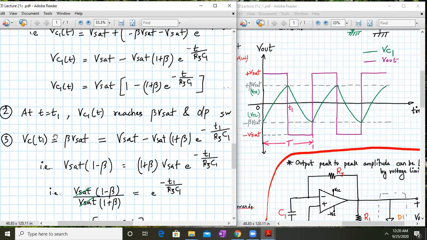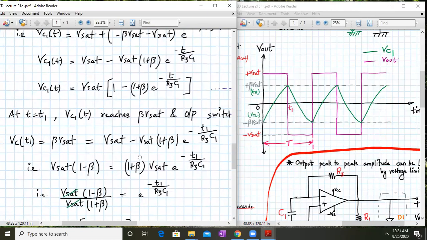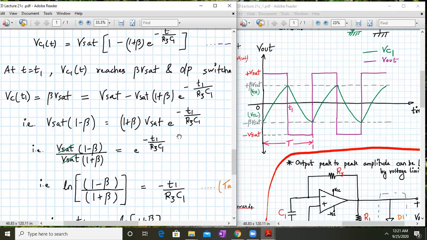So Vc1 of T1 is actually equal to beta Vsat is equal to Vsat minus Vsat, here we are opening the bracket over here, Vsat minus Vsat into (1 plus beta) times e raised to minus T1 upon R3 into C1. So here we collect the terms together. So this Vsat will go over here.